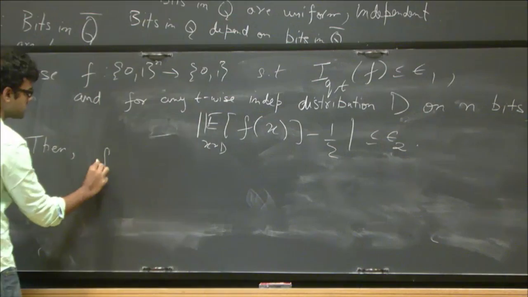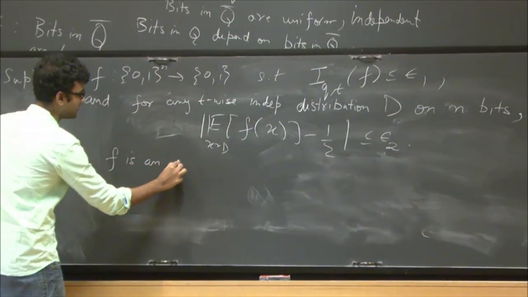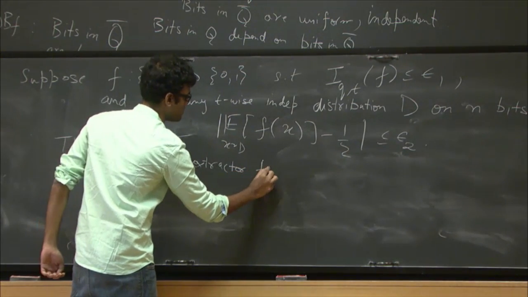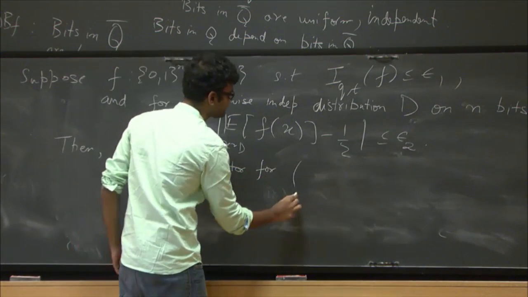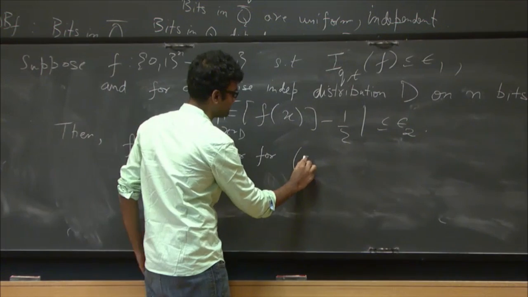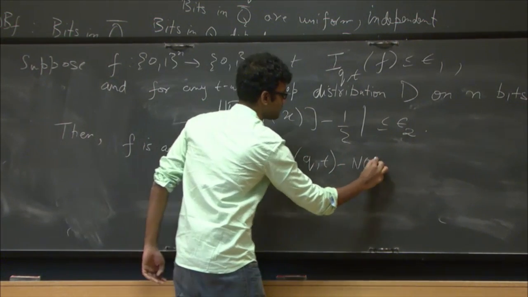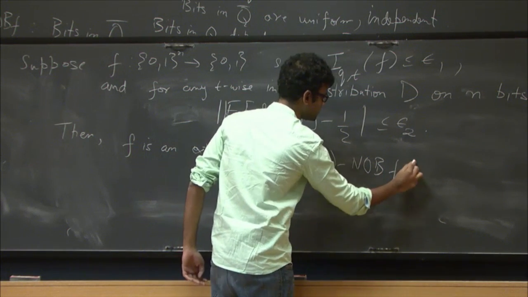Then f is an extractor for non-oblivious bit fixing sources.